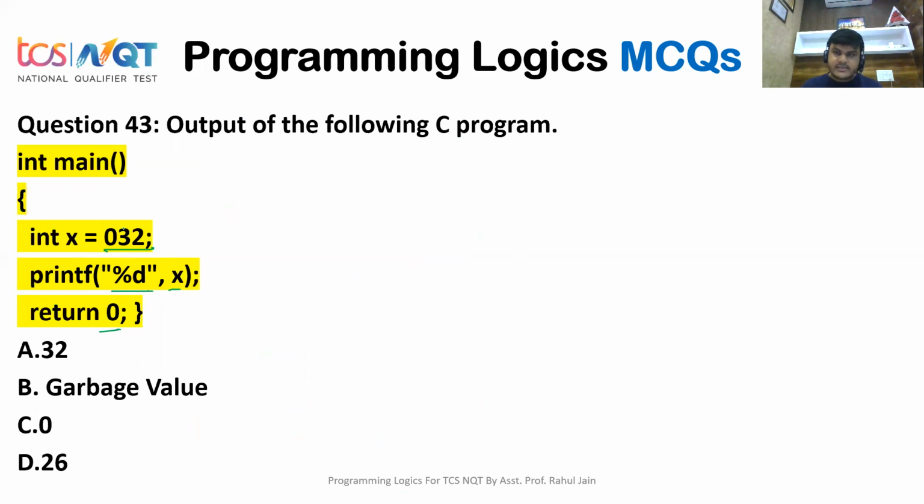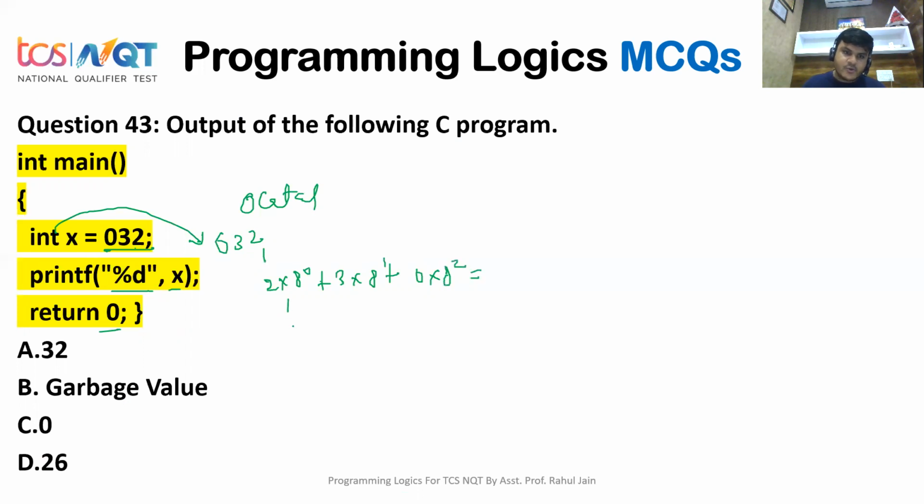Whenever we initialize any integer in a C program with 032, the C compiler will treat this as an octal value, and the octal value of 032 is nothing but 2 into 8 to the power 0, plus 3 into 8 to the power 1, plus 0 into 8 to the power 2. That is 2 into 1, that is 2, plus 3 eights is 24, plus 0, that is 26. So 26 would be printed.